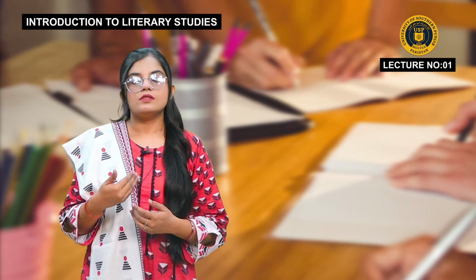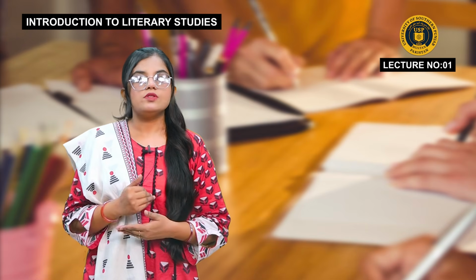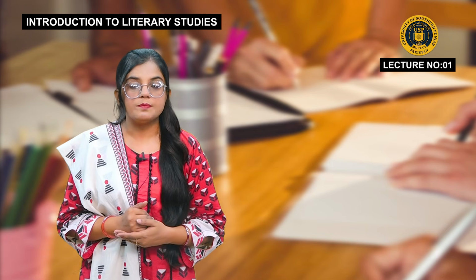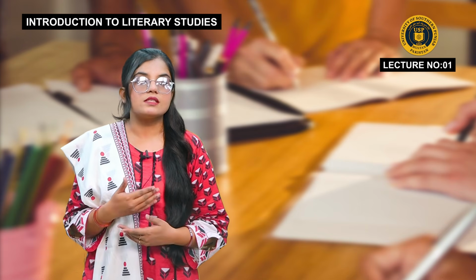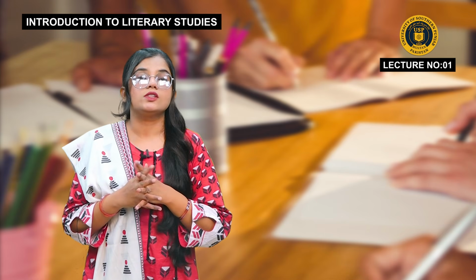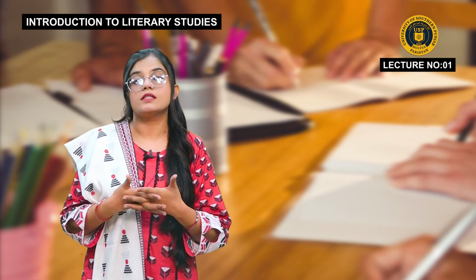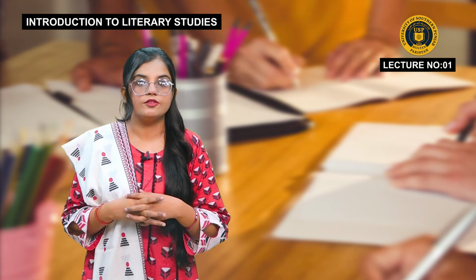The second purpose of expository writing is to explain. Expository writing aims to explain complex concepts, procedures, processes, or ideas in a very straightforward and comprehensible manner. By comprehensible, we mean the thing which is very easy to understand for the reader.